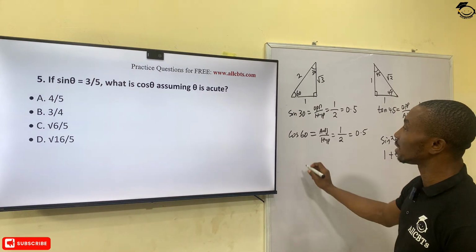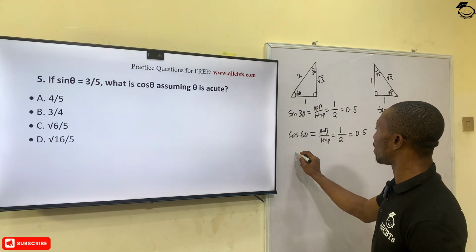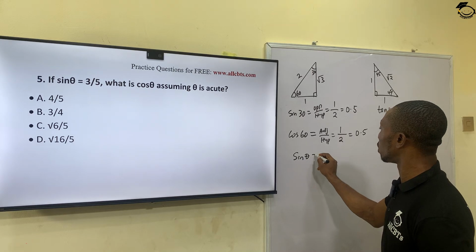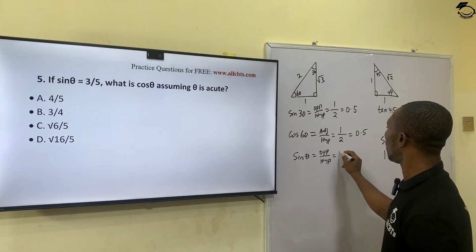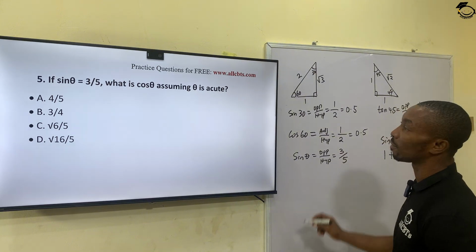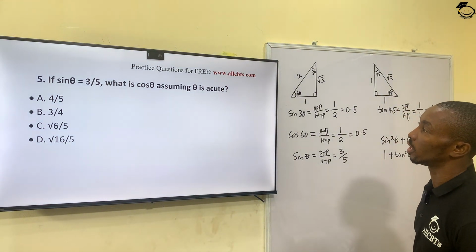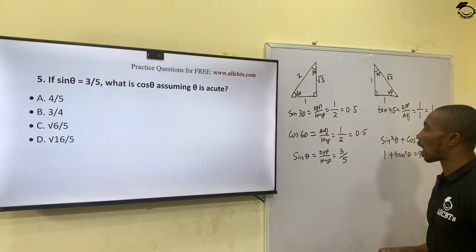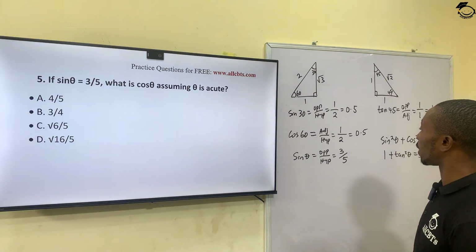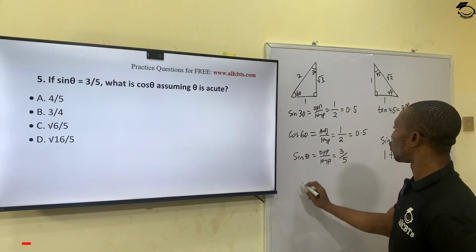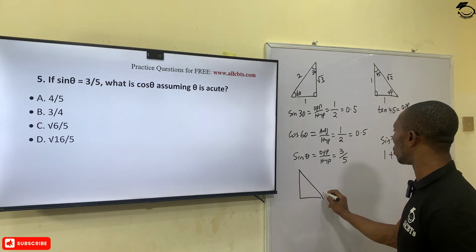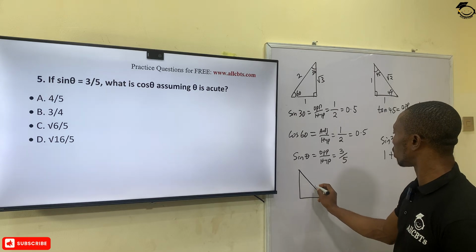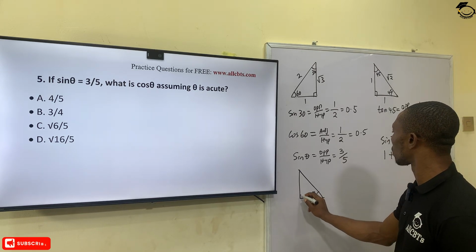If sine theta equals 3 over 5, we have sine theta, which is opposite over hypotenuse, equals 3 over 5. What is cos theta, assuming theta is acute? Considering our right angle triangle, let's call this theta.